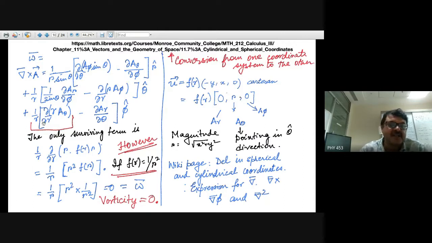And if you take a curl, only this term will survive. So you have this r sitting here, you have this r coming from a theta, this is a theta, this is a r.